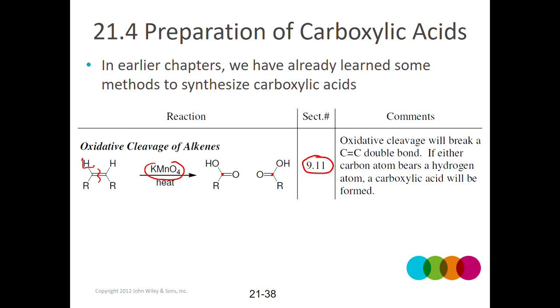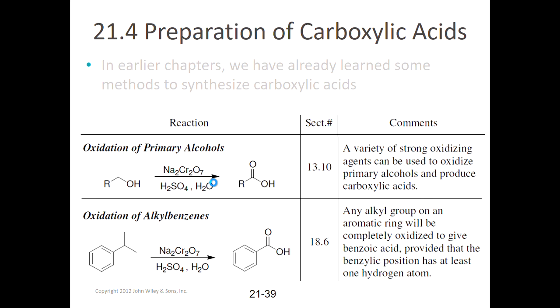That is assuming there are protons here to be removed, right? So the R groups don't get removed, but protons can. So that's a reaction you want to be aware of if you're trying to form a carboxylic acid. Probably this wouldn't be very useful in syntheses because it breaks down the number of carbons. Usually we're trying to build up the number of carbons to build up the complexity of the structure.